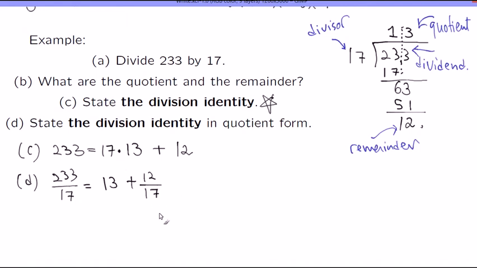So what is this fraction form called? Is it a proper fraction, or is there a term for a fraction that 233 divided by 17 is turned into, 13 and 12/17? There's a name for that, but that's what I call the division identity in quotient form. Quotient form is pretty easy. You write down 233 divided by 17. Quotient here, remainder divided by divisor, right?